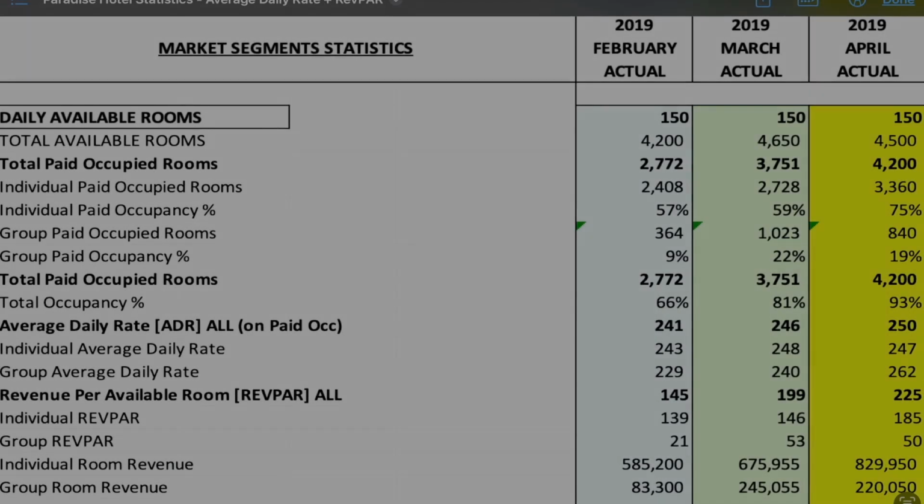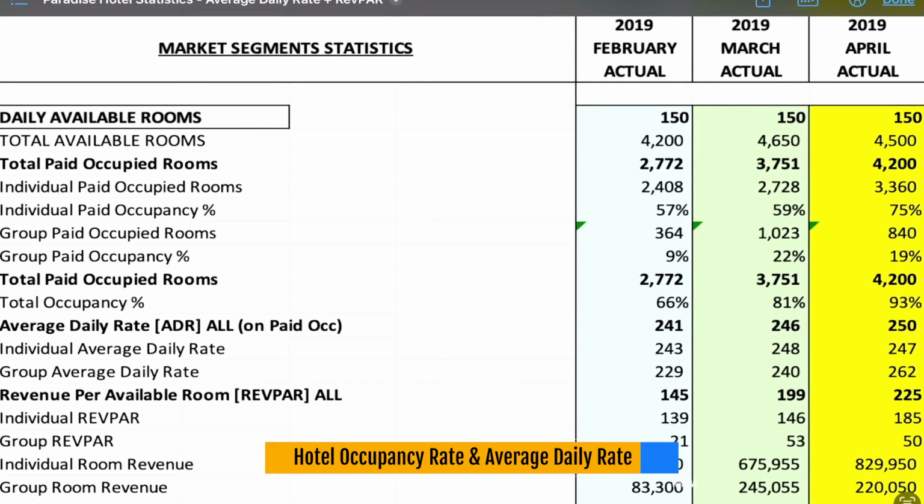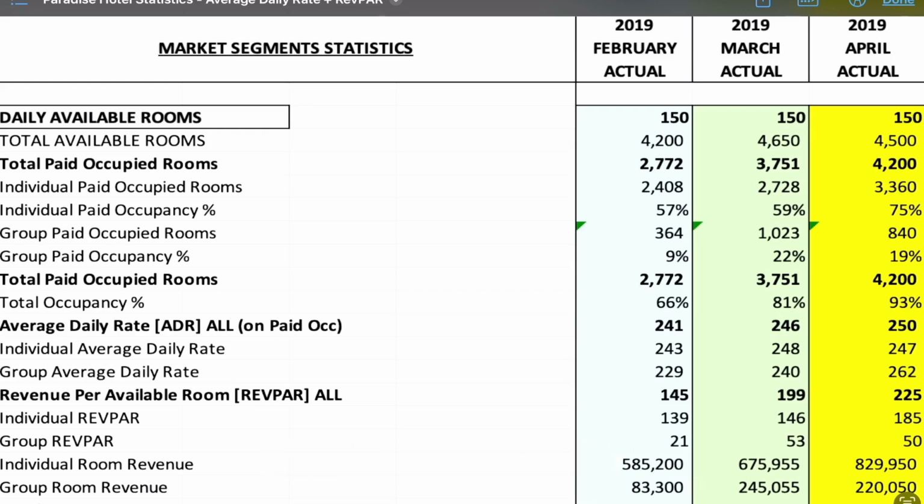Let's go. In two earlier videos, you saw hotel occupancy rate and average daily rate, two very important KPIs required for revenue generation. However, we also talked about how an archer who is looking for a bullseye target wants to get both power as well as distance.